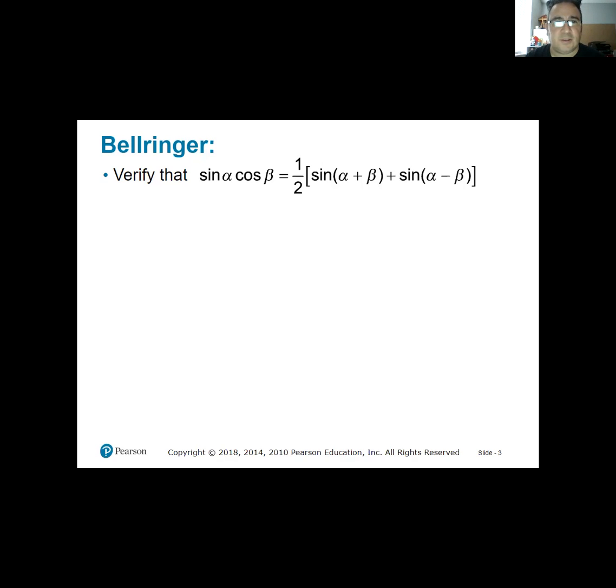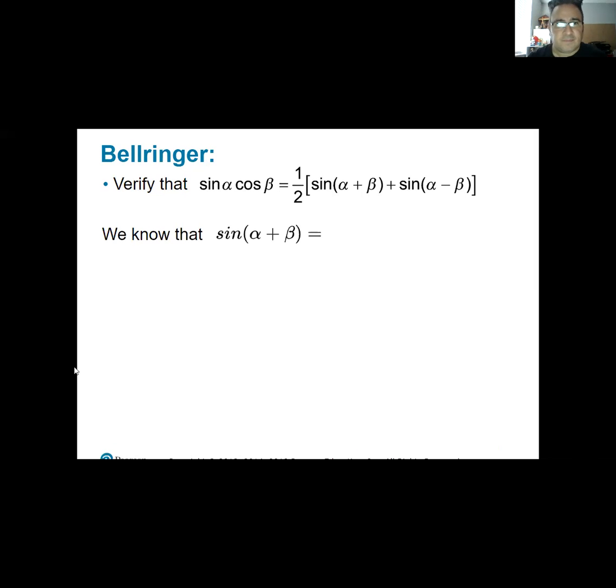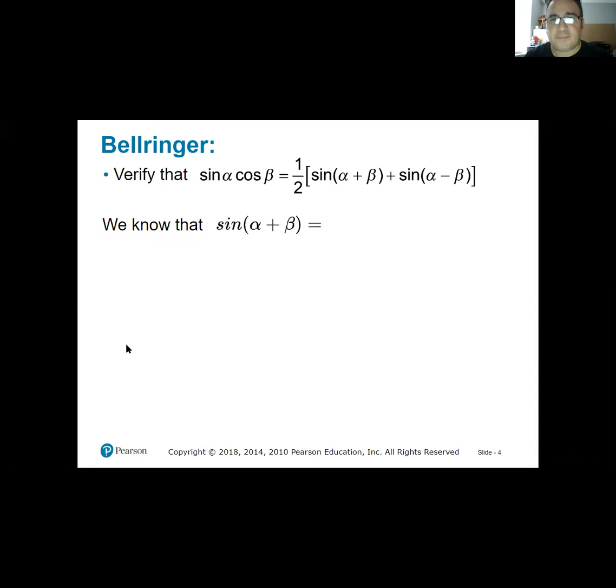So we're going to take a look at what it is that we know and see how we can apply it. We know that the sine of alpha plus beta, this is one of those formulas that you're going to be memorizing. Some of you have it memorized already. So what is sine of alpha plus beta? Sine of alpha times cosine of beta plus sine of beta cosine of alpha, right?